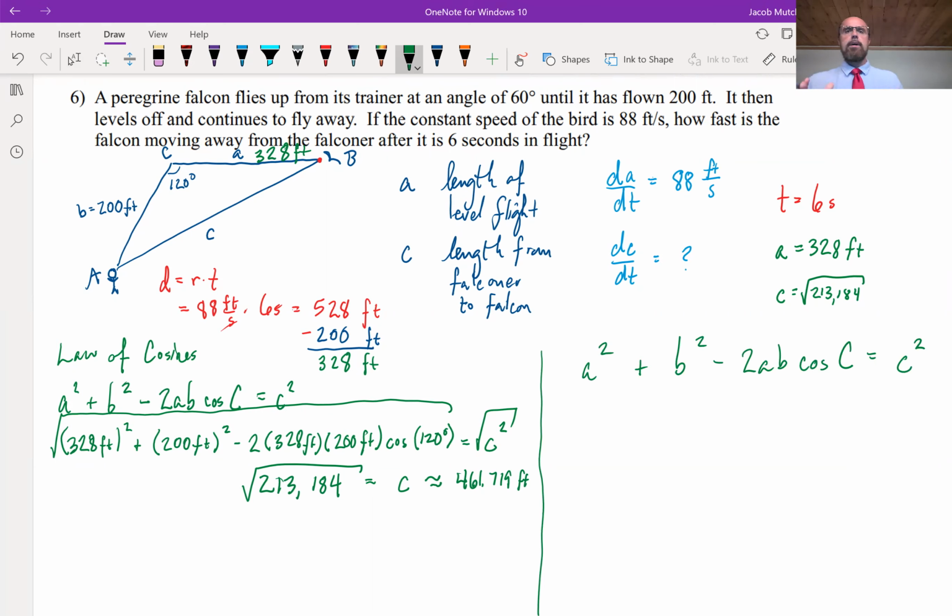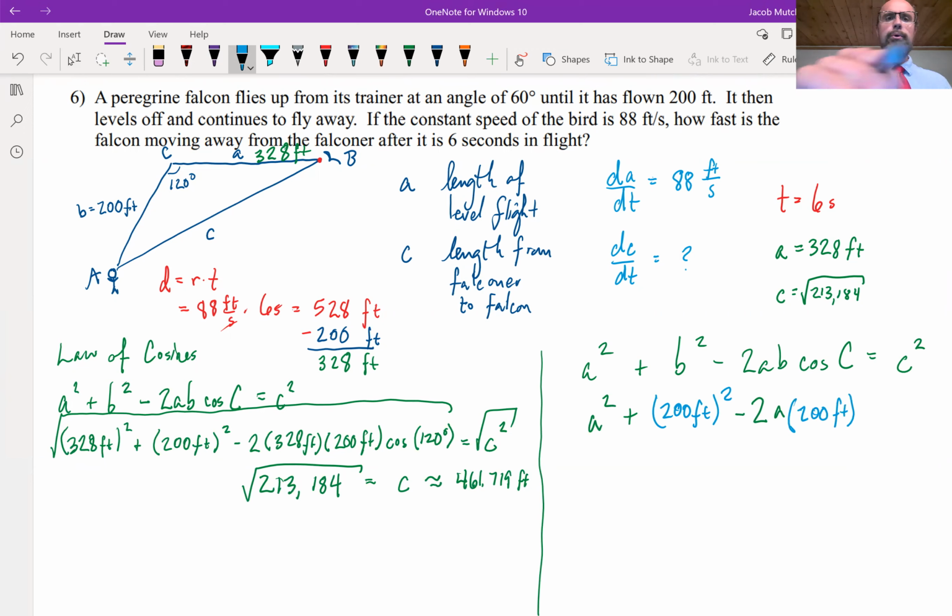Now there's some values here that I can substitute in directly because they're constant values. So I see that b is always going to be 200 feet. So we'll substitute in 200 feet for b, and that's going to be squared. A squared I'm going to leave as is because it's changing, and that's one of the rates we're interested in. So I'll leave 2a, but again, I'll substitute in b as 200 feet.